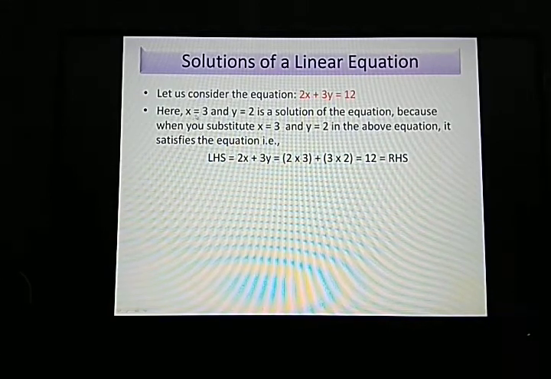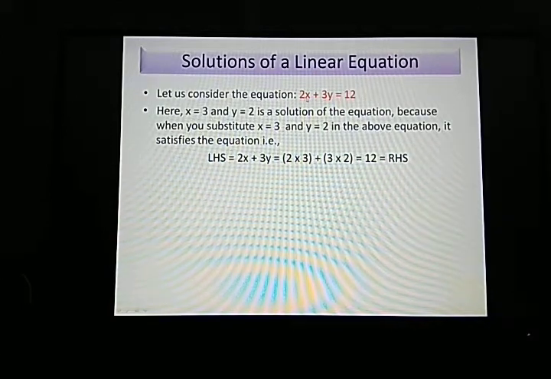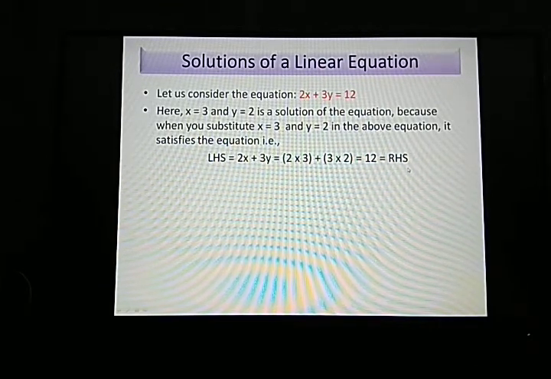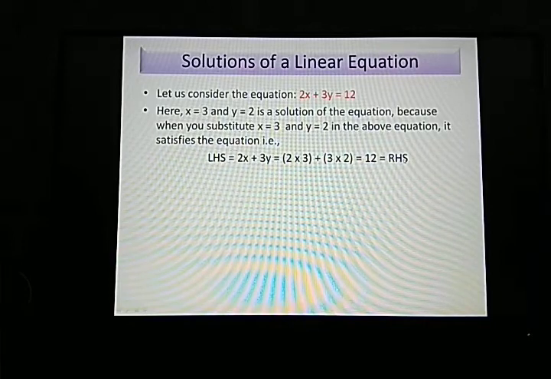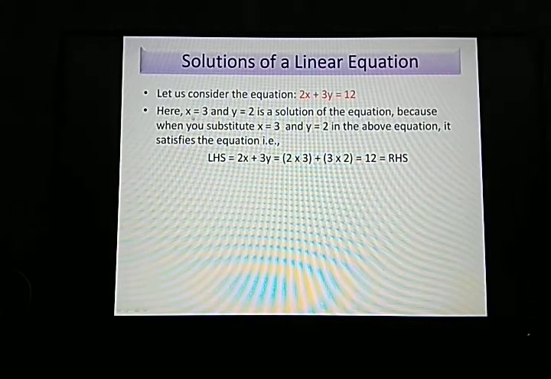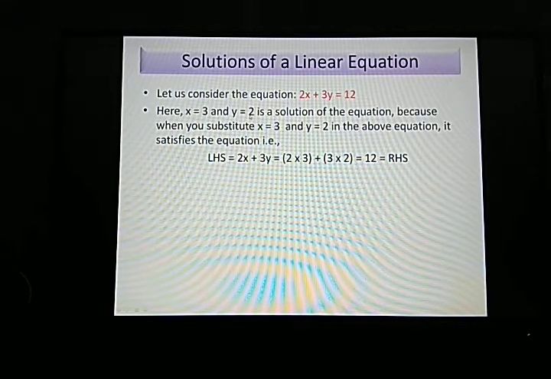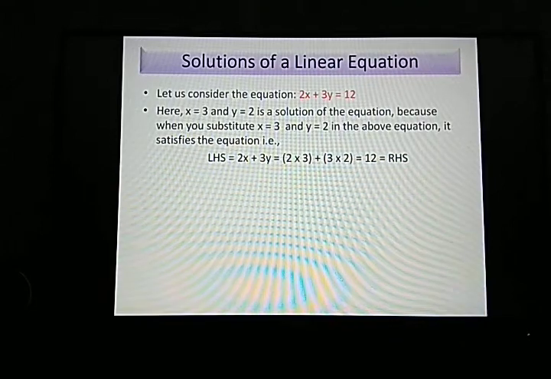If we substitute x equals 3 and y equals 2, the answer we get is 12, which is exactly equal to the right hand side. So the equation is satisfied because LHS equals RHS, and that's why these values of x and y, 3 and 2, are the solutions of the given linear equation.